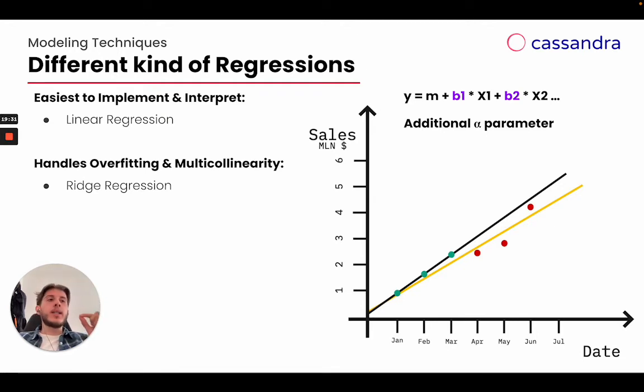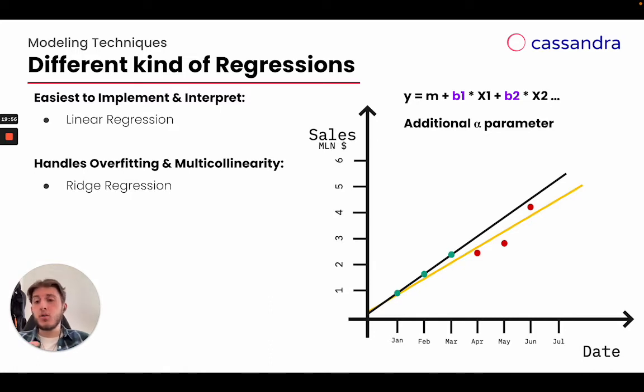So it will try to apply to the coefficients, we can say, a worse value than what they would have, but in order to make the model more general and suit more kinds of situations and prevent overfitting and prevent situations in which you may have multicollinearity. And this is ridge regression, basically.